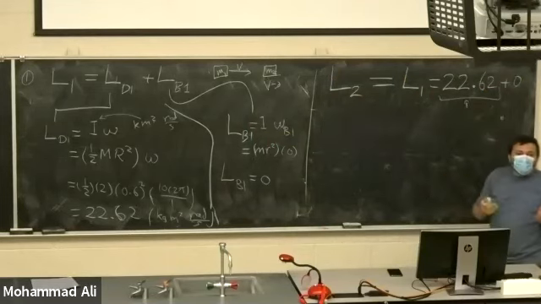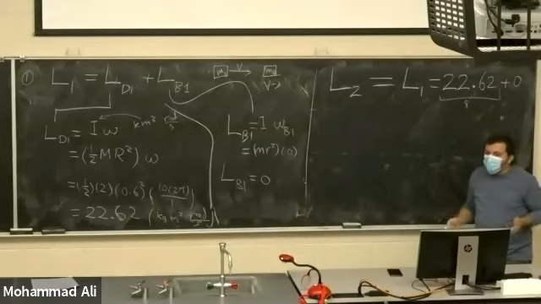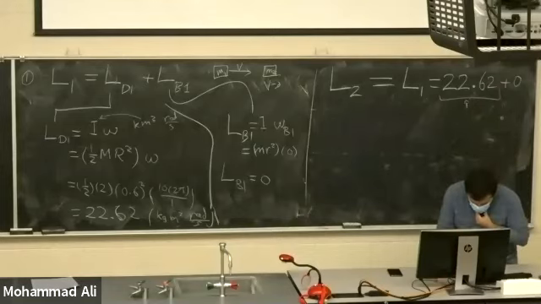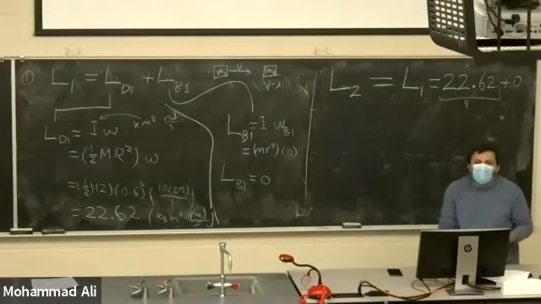This is the angular momentum later. It is conserved. Now we can find the velocity later.